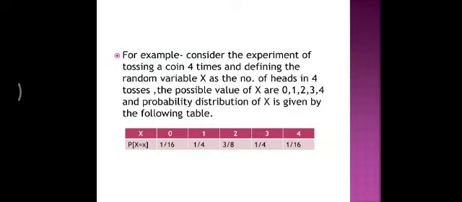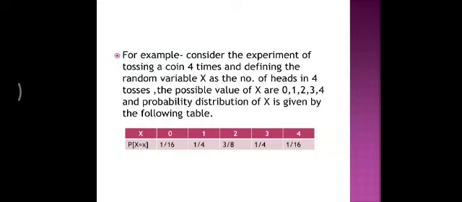If we get 0 heads, that means we get all tails, so only one possibility. Therefore we get probability 1 by 16.